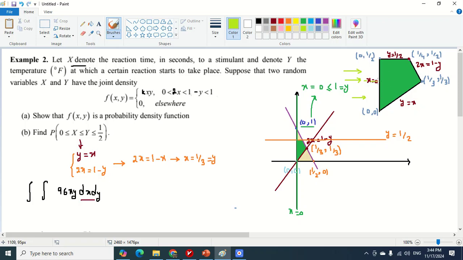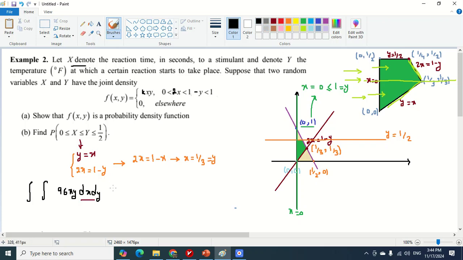But from this point, if I sketch the line over here, I can split the situation into two parts. One part is the upper part, where the border that we can get out of that region is 2x equal to 1 minus y, and the other border is y equal to x, because we have two shapes over here.